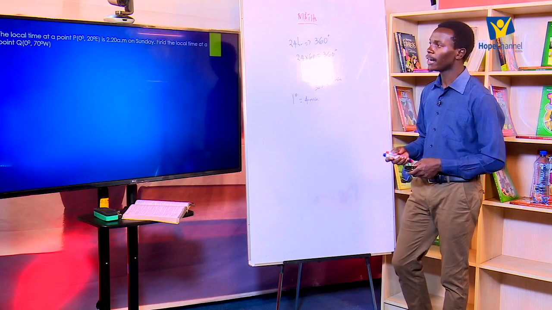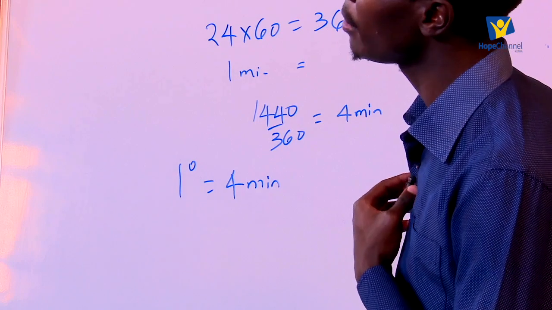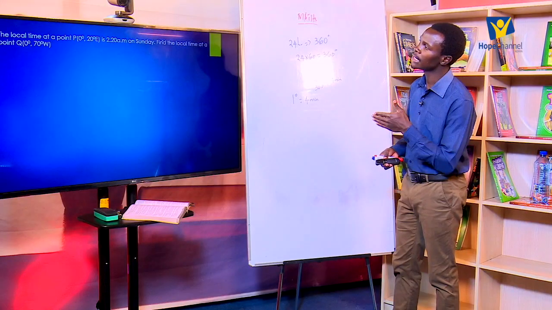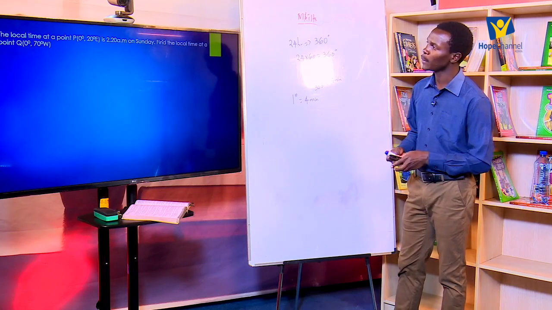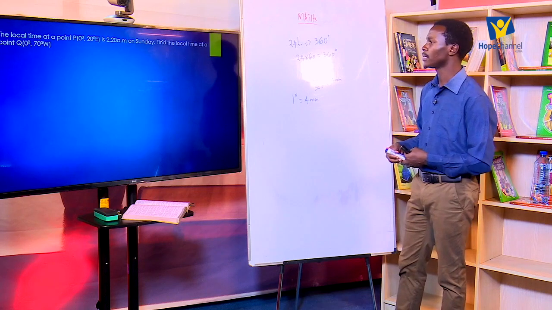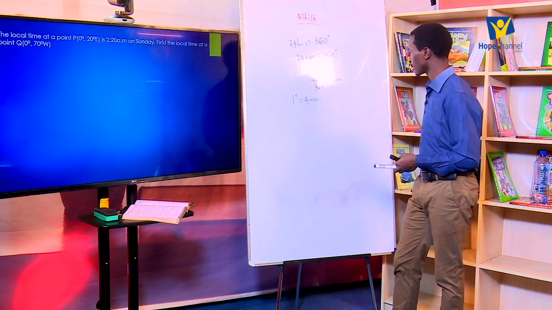Now let's take an example as we wind up. The local time of a point P at 0 degrees, 20 degrees east, is 2:20 a.m. on Sunday. Find the local time at point Q, which is 0 degrees, 70 degrees west.